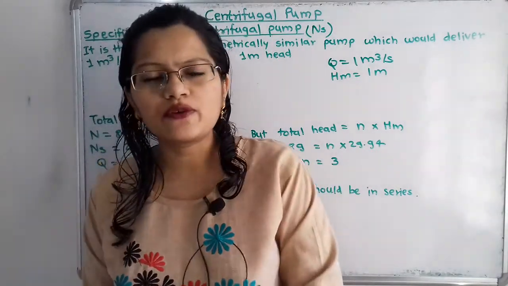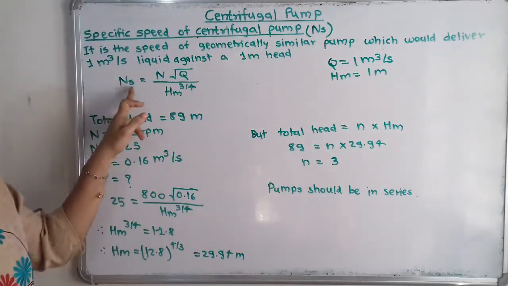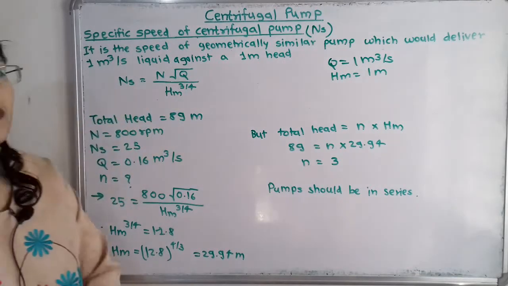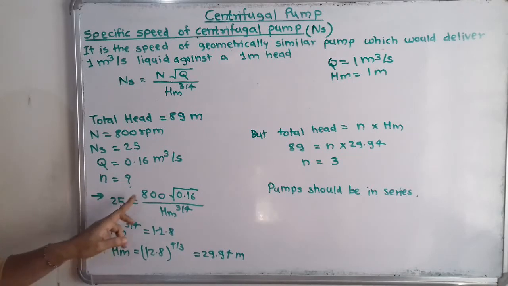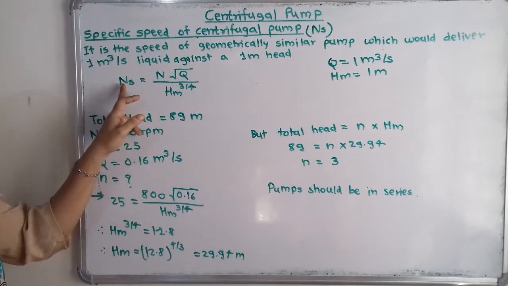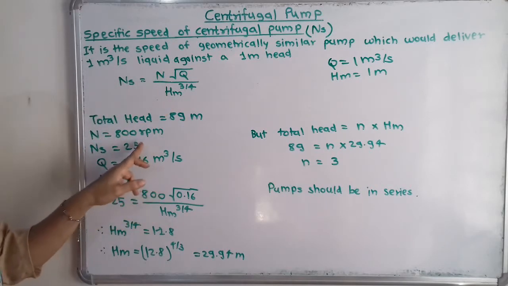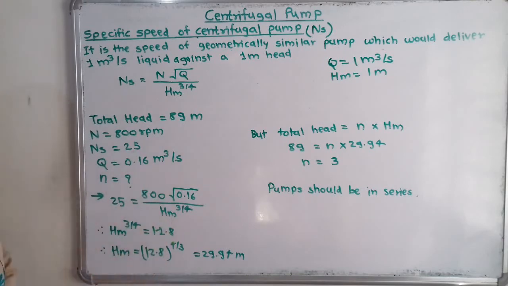Here we will use the formula for the specific speed Ns. Ns is equal to N under root of Q divided by Hm raised to 3 by 4. Putting in the values, 25 is equal to 800 under root of 0.16 divided by Hm raised to 3 by 4.